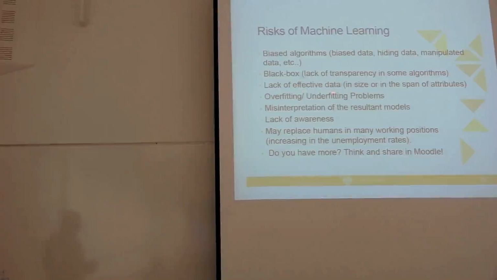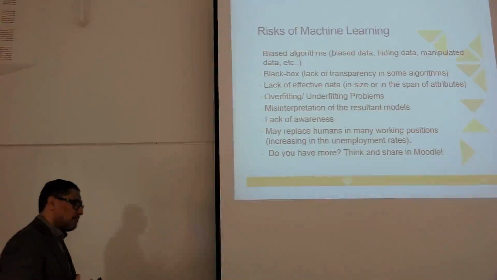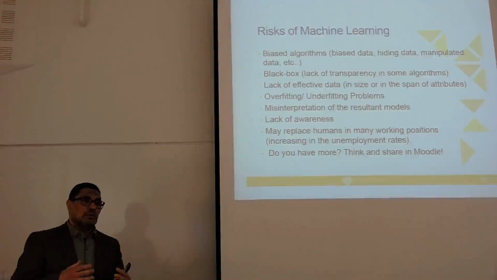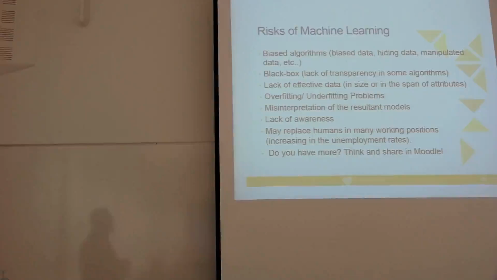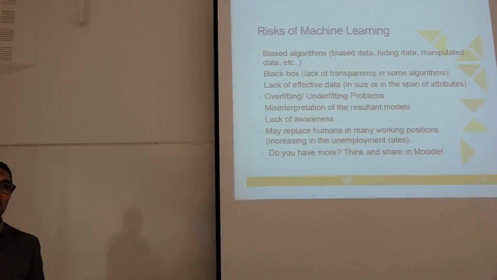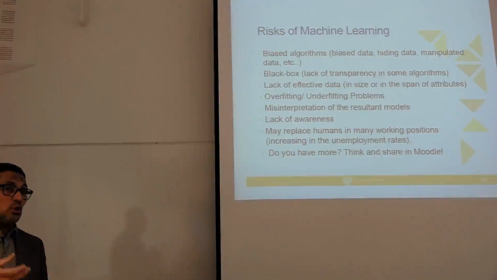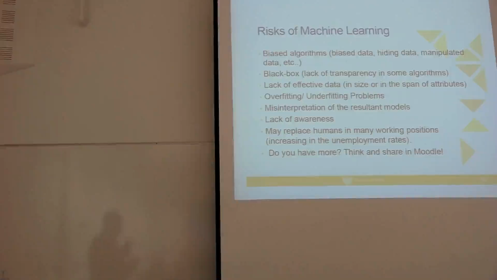Lack of effective data, for example in size or in the span of attributes, can cause problems as well. It might cause overfitting or underfitting problems. Overfitting means that when the model is much more complex than needed, the algorithm starts to learn not only the required data but also the noise. So in that case, we get an overfitting problem.